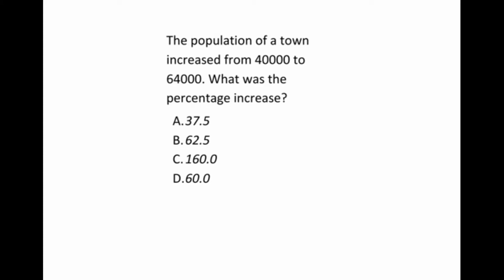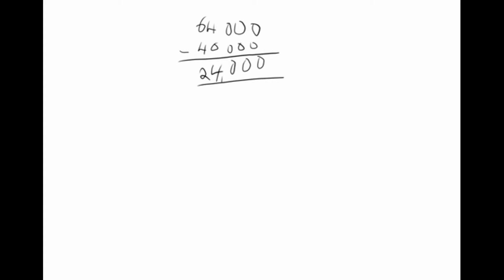Therefore, we shall have 24,000 over the original population, or the first population, which is 40,000, then we multiply times 100%, because we are asked what was the percentage increase.